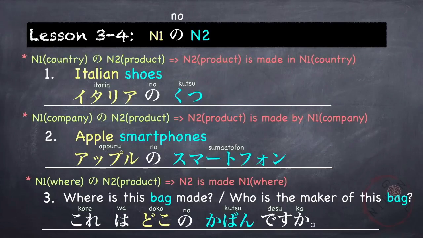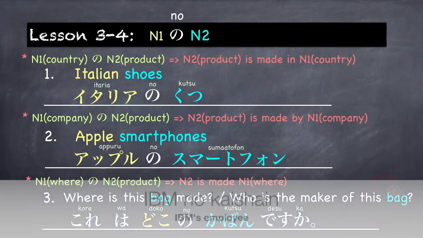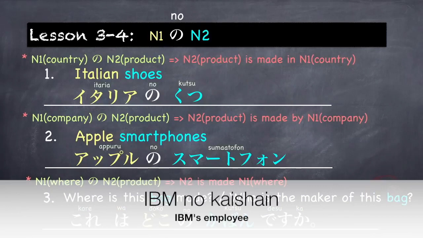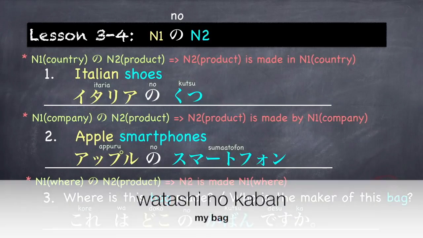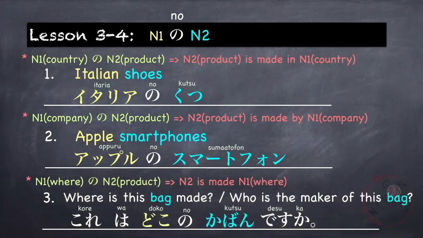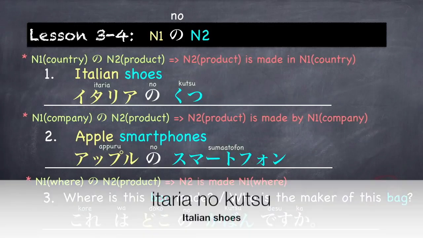So the owner should always come first. For example, IBM no kaishain, IBM's employee, or my bag, watashi no kaban. Italian shoes, Italian no kutsu, and so on.